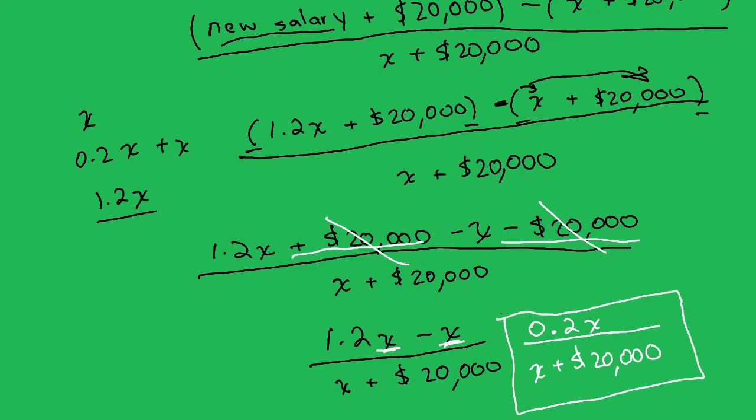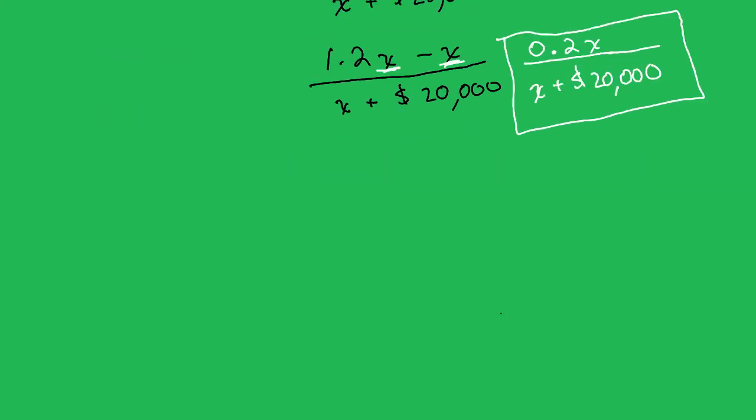So now we've got a workable expression that we can substitute any number in for x, representing John's original salary, and we can find the percent increase in the total amount John gets paid. So let's do that now. Let's say John's original salary were $60,000. So we're saying that x is $60,000.